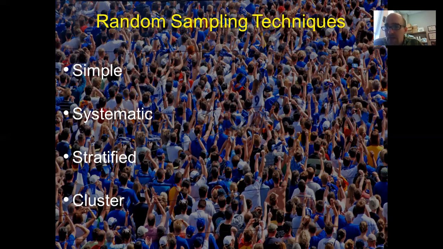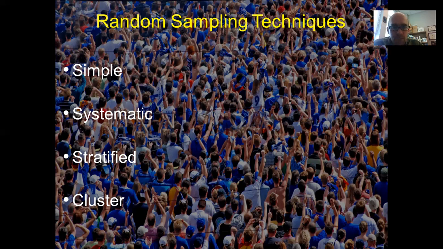But something that might be better would be to break it out by grades. And so what you'll do is take fourth graders and randomly select a certain number of fourth graders. And then you'll go to the fifth grade and randomly select the same number of fifth graders and so on. And so in this case, it's stratified by the different grades, so that you can maybe get a little bit more information that way rather than just lumping everybody together and doing a simple random sample.